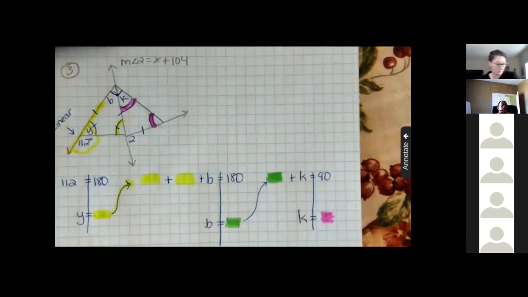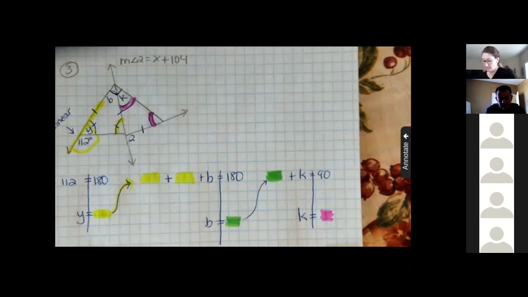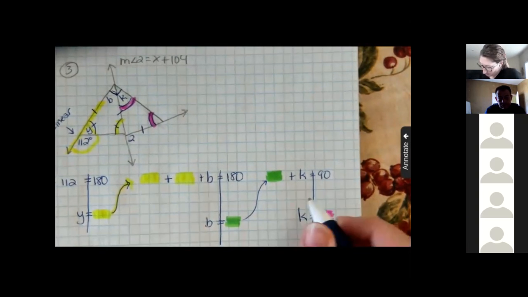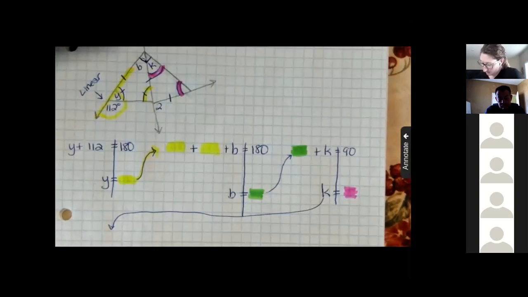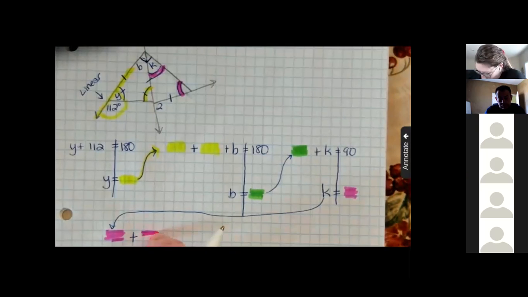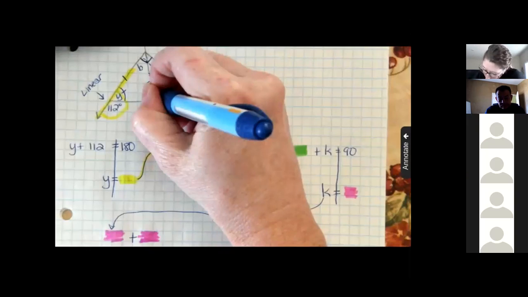Now, here's the complicated part. Oh man, I need another color. This one's a tough one. I'm glad I did this one. I'm going to have to take whatever K is and add it to another K because there's two of them, and find out what M is.